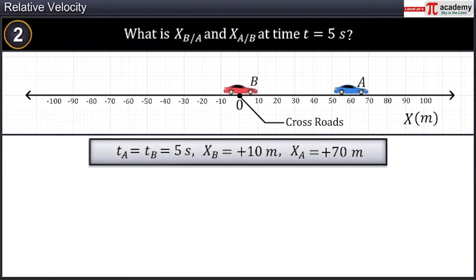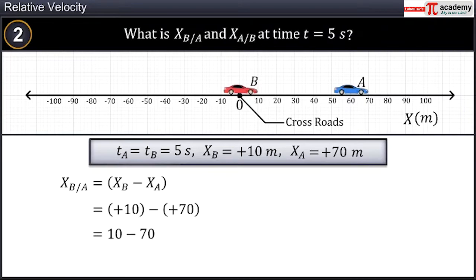Now, calculating for xB/A, which is equal to xB minus xA. On substituting values and simplifying, we get xB/A equal to minus 60 meter. And calculating for xA/B, which is equal to xA minus xB.